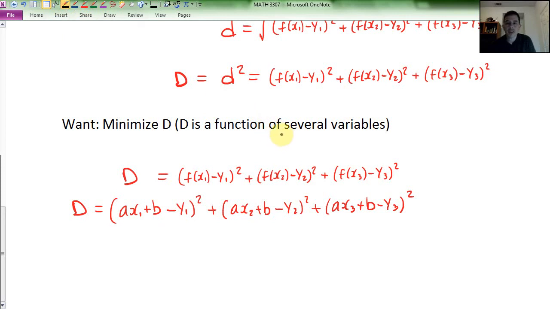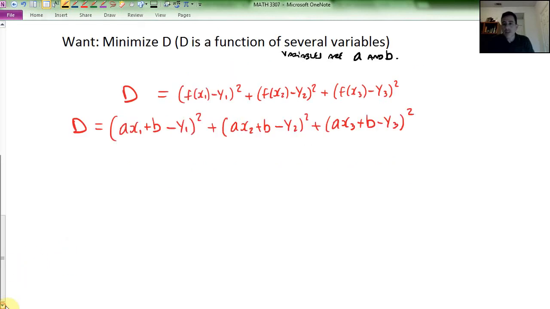The variables here are a and b. The d is a function of a and b because x1, x2, x3, y1, y2, y3 are given numbers, and we're trying to figure out a and b.